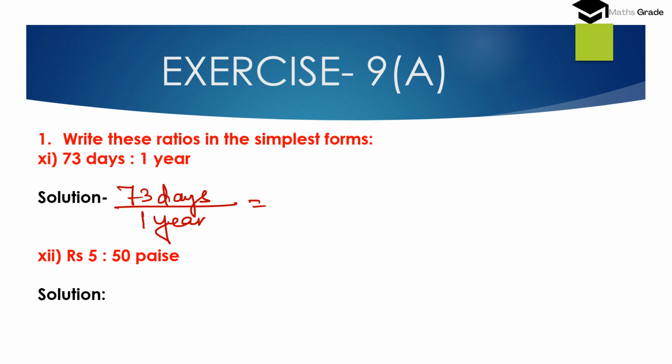So first convert the consequent 1 year into days, so that year and days are of the equal unit. And we know 1 year is 365 days. So 73 days divided by 365 days.